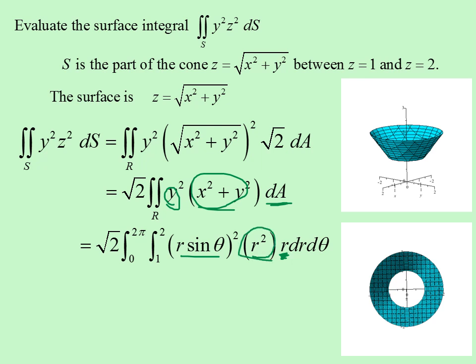And we look at the figure to decide what our r's and thetas need to go from and to. So our r's are going from 1 to 2, and our thetas are going all the way around the circle. Now, again, once I get that written, the mechanics of evaluating that are either do it by hand or type it into the TI-89. However, this is what we come out with.